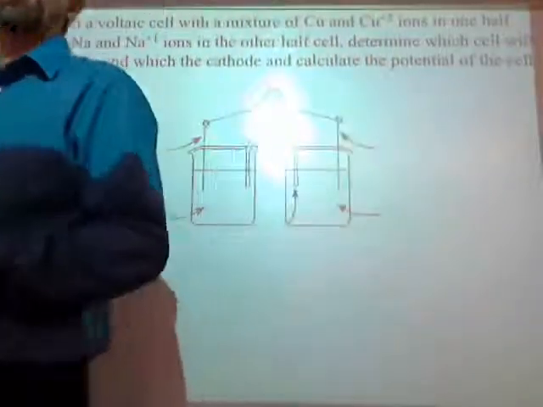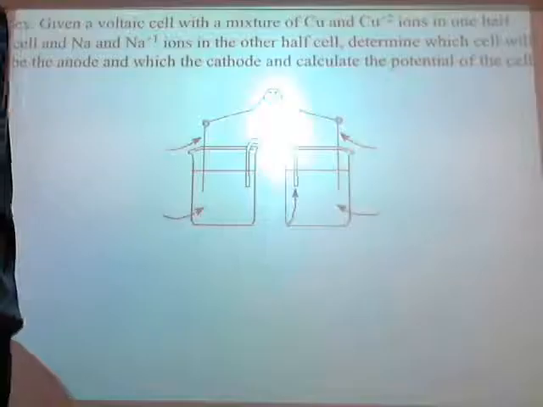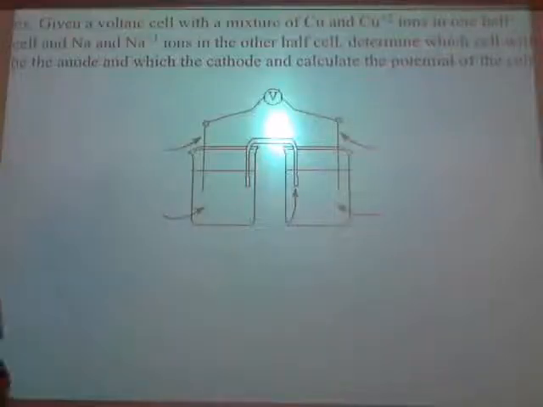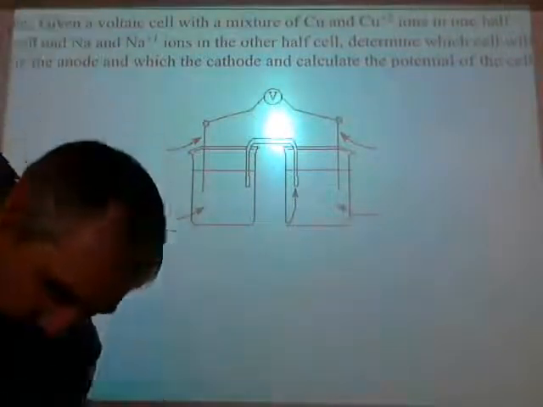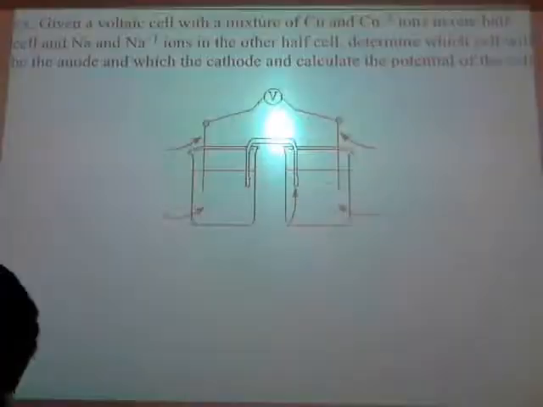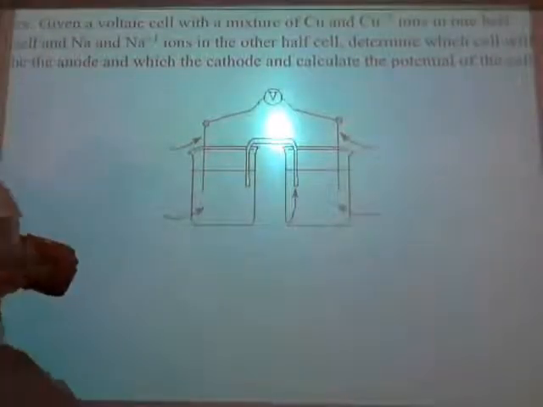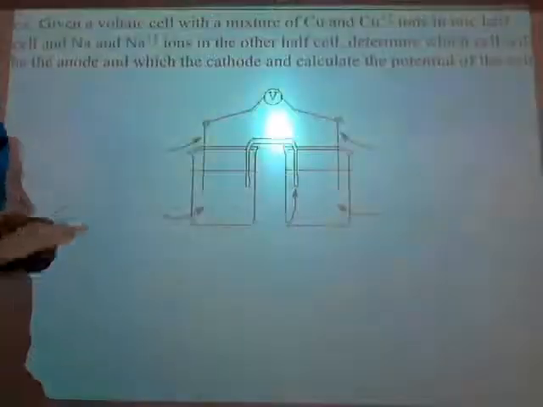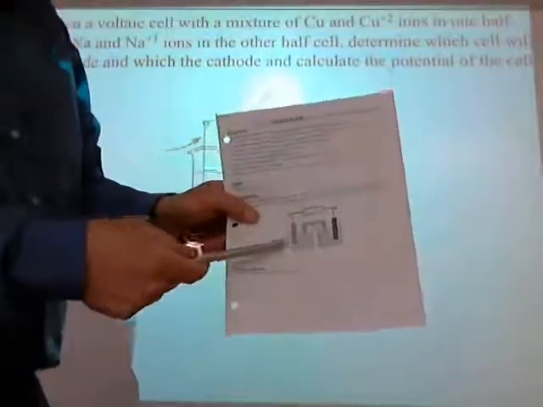Now you need to draw this. And by the way, on the test, and on the lab too, I will have the diagrams drawn for you to help save you some time. So while you're drawing that and writing that down, you'll see on the lab here, I've got it drawn for you.